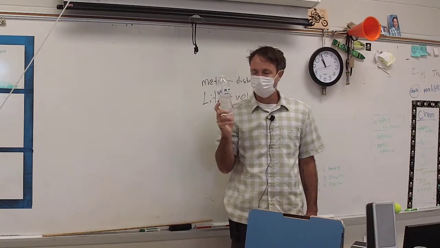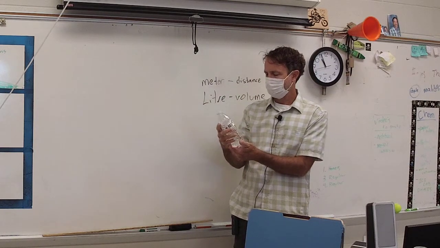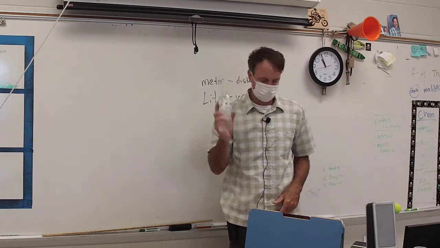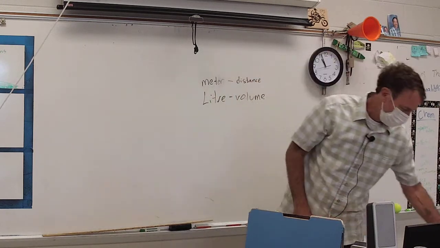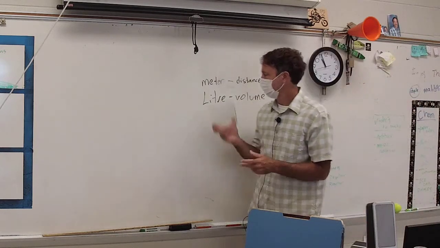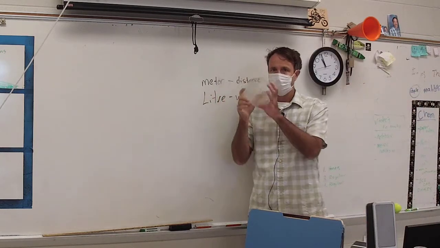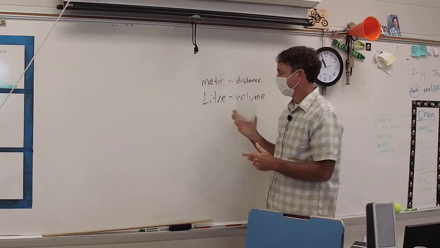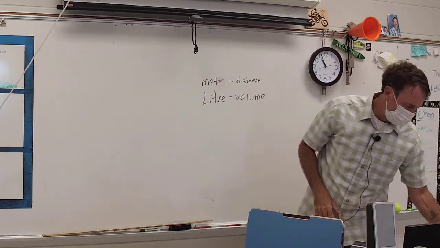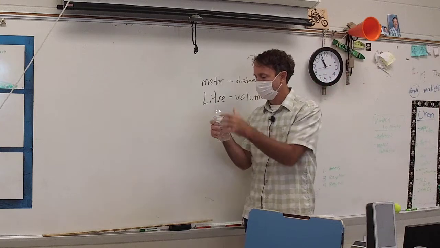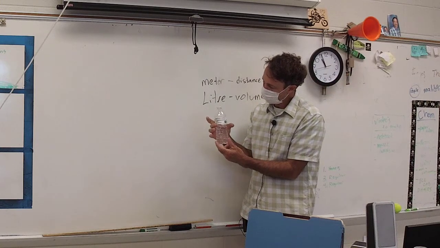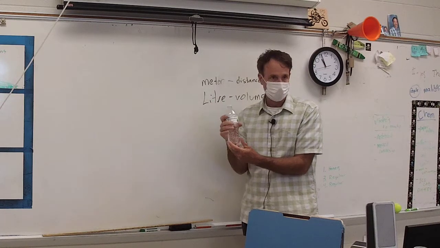A liter is 2 of these, because if you look at it, it says each one of these is 500 milliliters, all right? This is a liter. This is the size that a liter of water would be, okay? So that's a liter. The big water bottles that you buy, if you're really thirsty, you can buy the bigger water bottle that's just fatter than this but the same height. That's a liter water bottle.